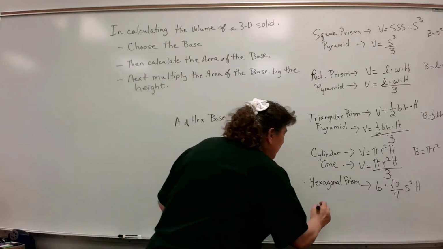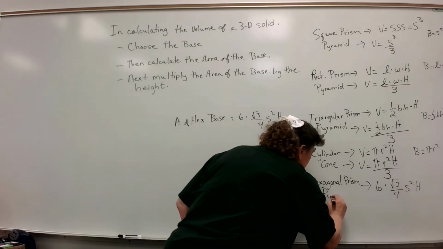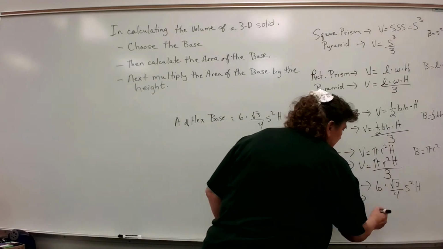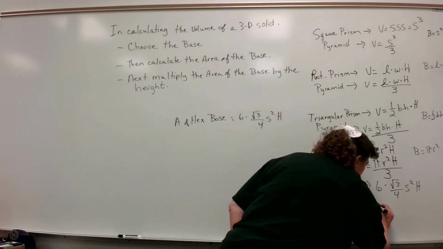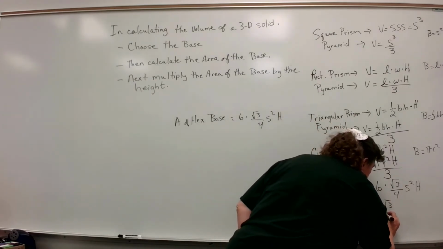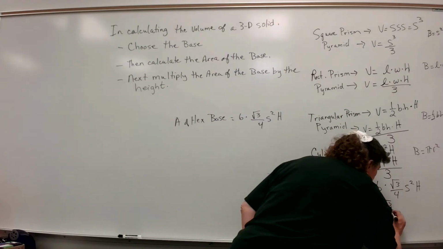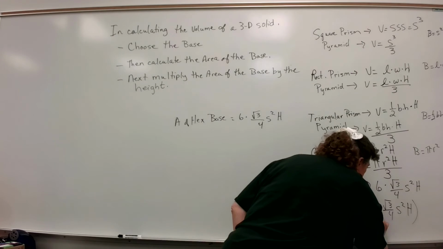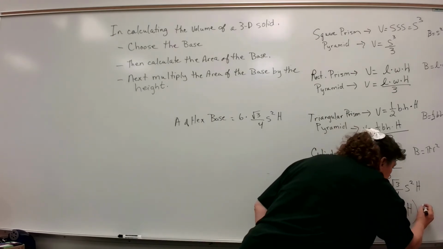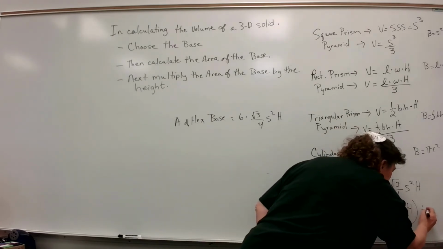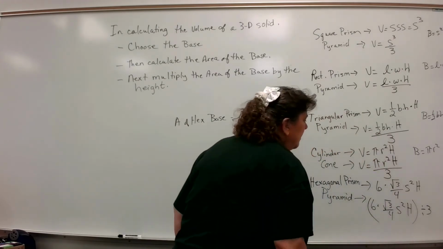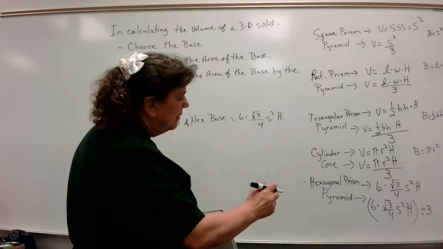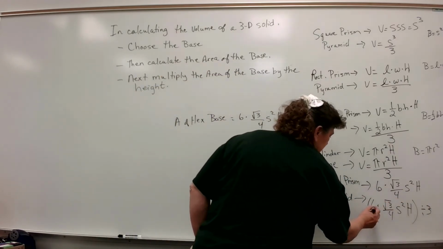And my pyramid in this case would be the same thing, only divided by 3. 6 times square root of 3 over 4 s squared h, that whole thing, divide by 3 or multiply by 1/3. Okay? So if you divide by 3, you're going to reduce this 6.